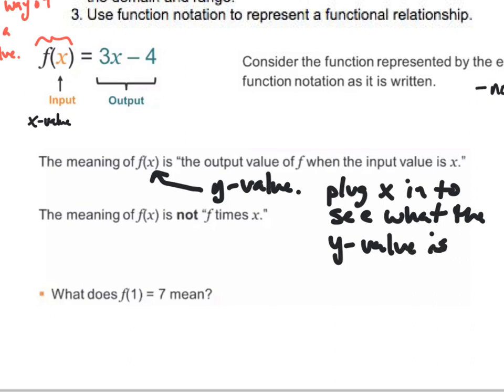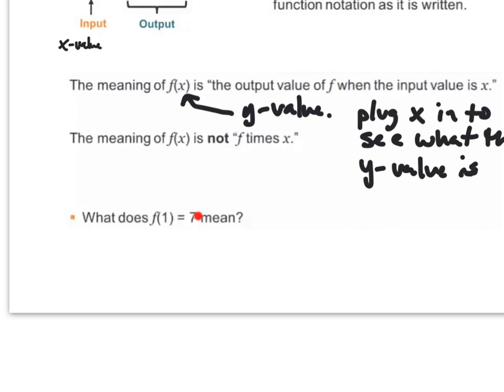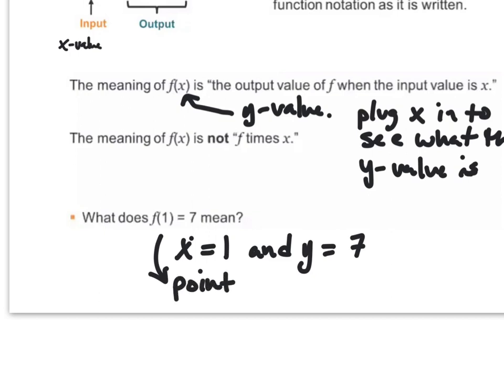Okay? So then it asks us this, and I struggled with this for a very, very long time. So what does f of 1 equals 7 mean? That's a really, really good question. What this means is that x is equal to 1 and y is equal to 7. So really, this is a point on a graph, and you would read it as 1, comma 7.